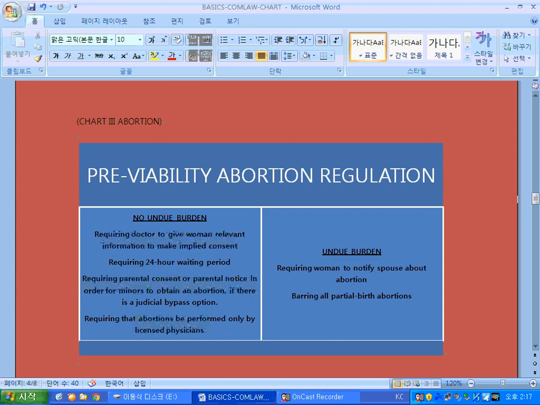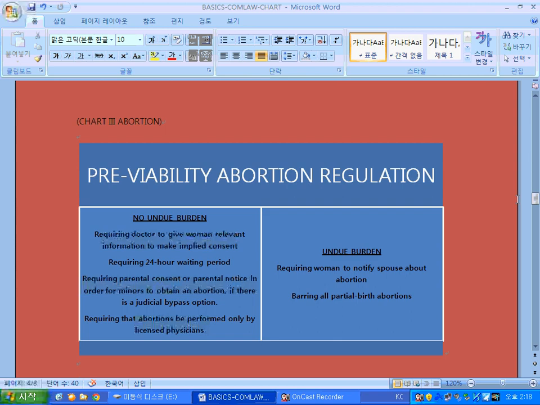In Planned Parenthood versus Danforth, decided in 1976, the court held that the woman's decision whether to terminate a pregnancy is within her constitutionally protected right of privacy and cannot be made subject to a parental or spousal consent.